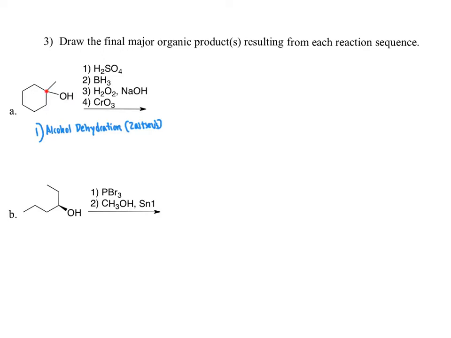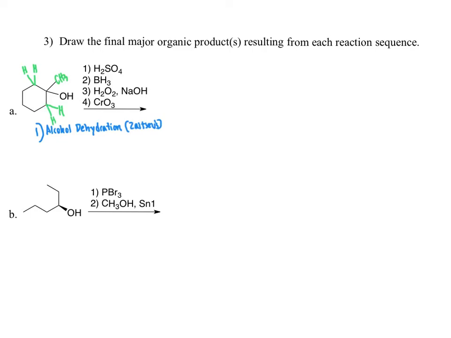So the carbon bonded to the leaving group is here. That's what we call the alpha position. The beta position is all these adjacent carbons. And so we want to remove a proton at a beta position to enable us to yield the most alkyl substituted product. So we're going to remove a proton from whatever position here is most alkyl substituted.